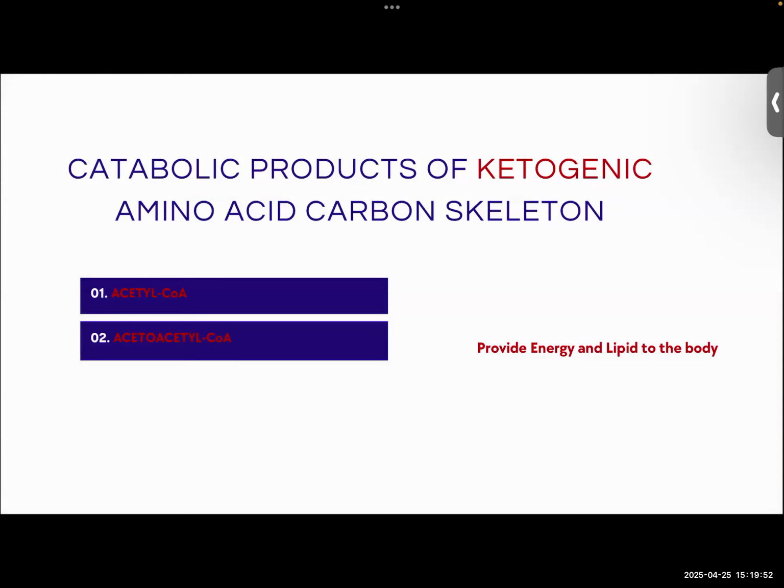So for example, acetoacetate, although it's not listed here, but if a carbon skeleton is broken down into acetoacetate, that would also be a ketogenic amino acid because it's a derivative of acetoacetyl coenzyme A. And these obviously do not provide glucose to the body. That's why they're called ketogenic. They just provide energy and they can form lipids. So if that's clear, I'll move ahead because this forms the basis of this entire session.